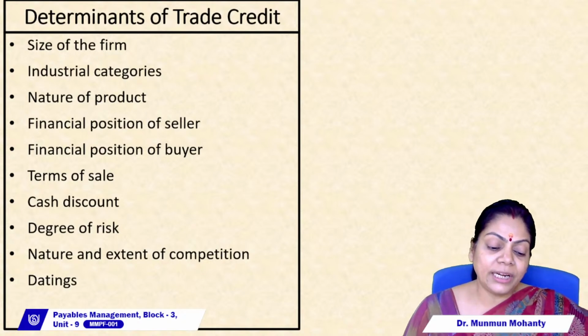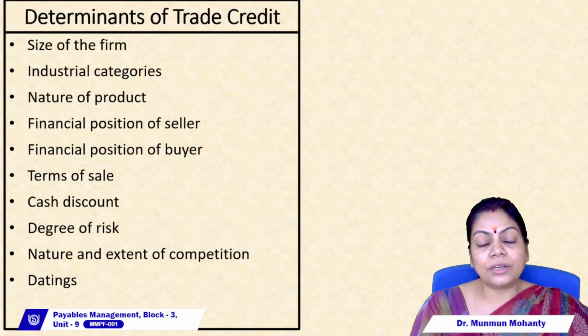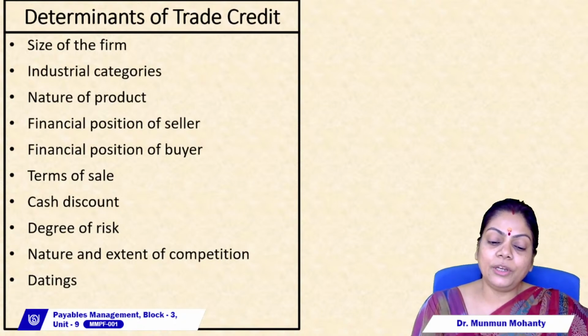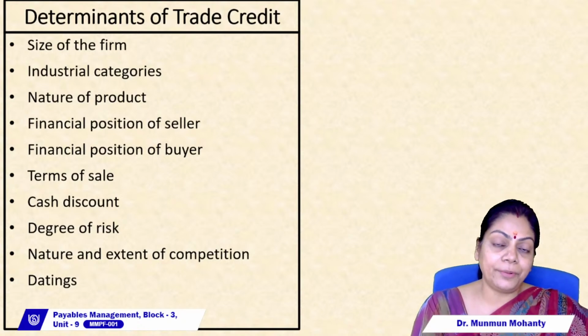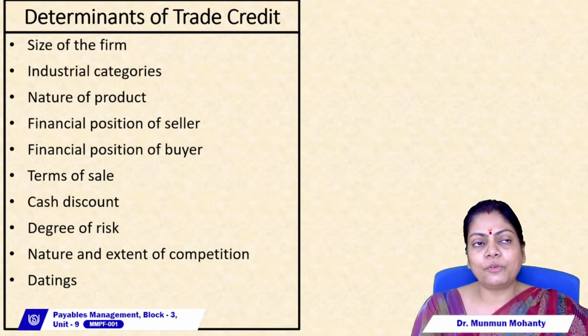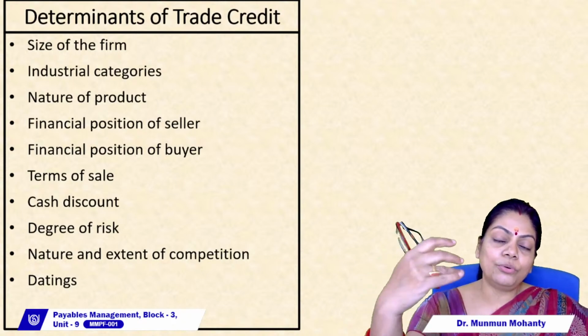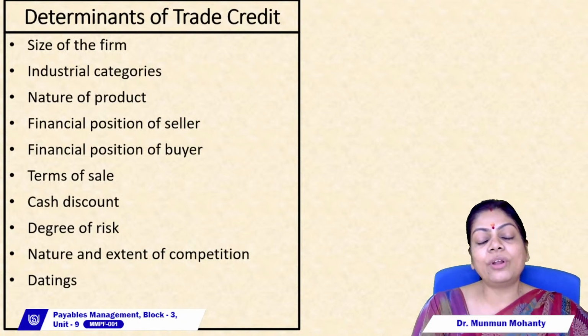Now we can talk about datings. This is a peculiar term. What is a dating? In the case of seasonal industries, where sales fluctuate, you frequently use these datings to encourage the customers to place their orders before a heavy selling period begins. This usually happens for durables. So you encourage the customers to purchase the product even if they don't have the requirement right now.